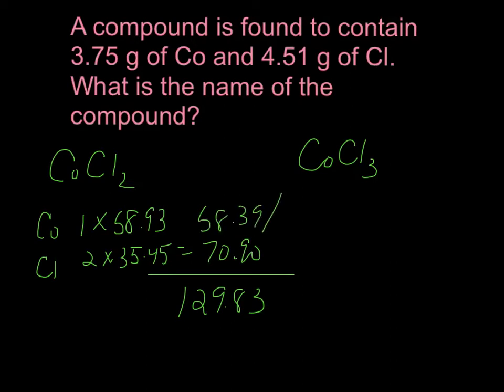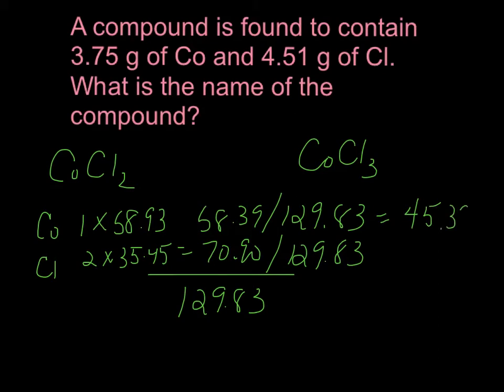Then I'm going to divide that by 129.83 for both of these. So this is a true percent composition where you do the percent of each element. And again, I'm not going to show the work for multiplying by 100, but you should be able to manage that with percent.